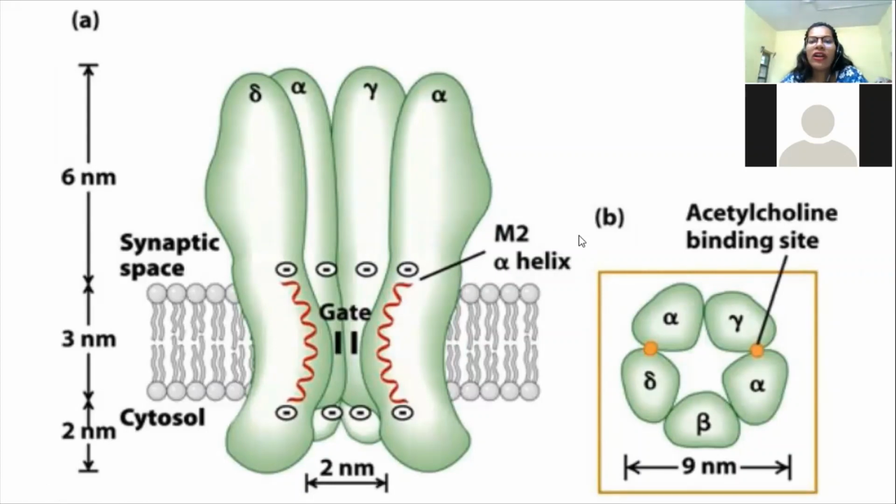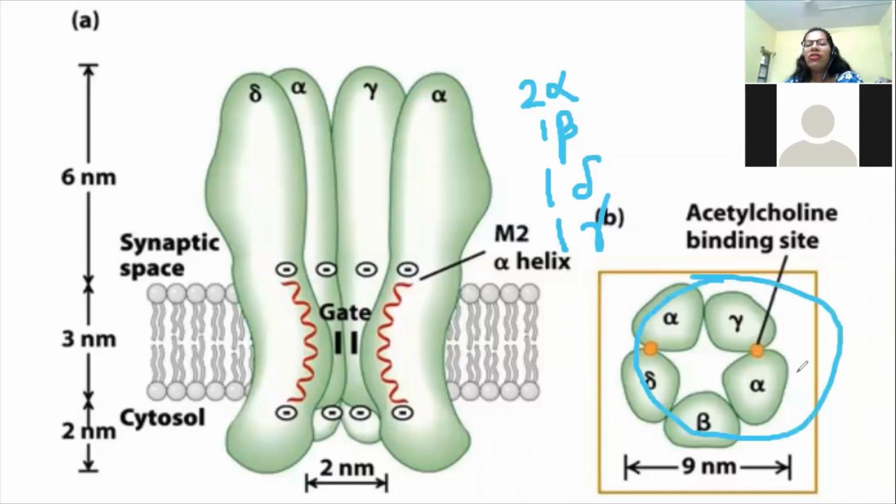From all this you should understand that they are all transmembrane proteins. Never forget that they are transmembrane proteins. You have got 2 alpha, 1 beta, 1 delta and 1 gamma. You can see over here.